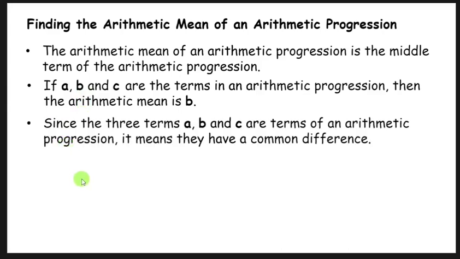Since the three terms A, B, and C are the terms of an arithmetic progression, it means they have a common difference. Remember previously when we looked at what an arithmetic progression is? These are sequences in which the successive terms have a common difference.